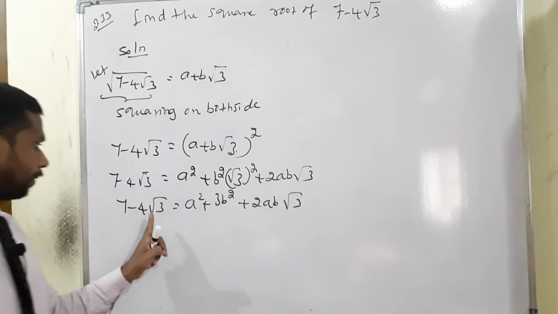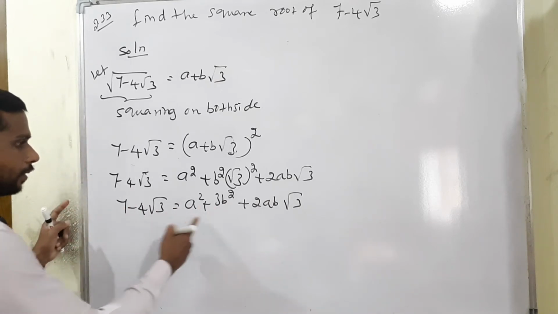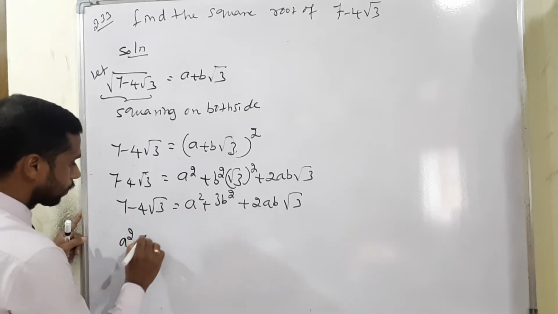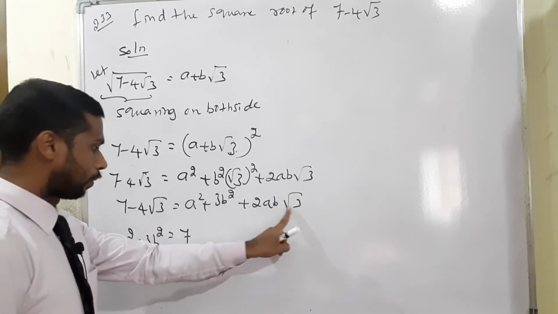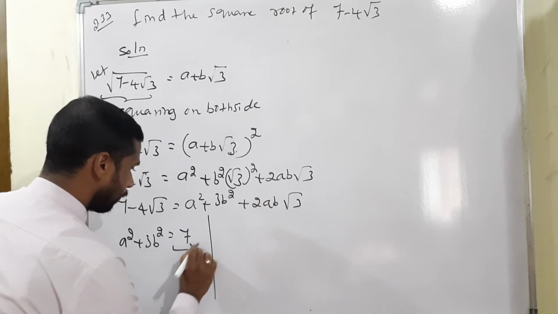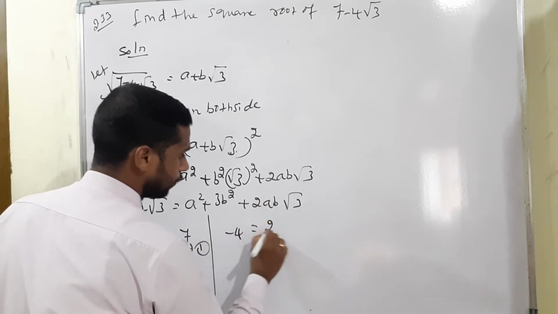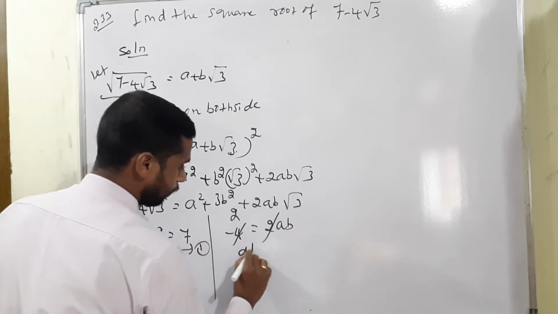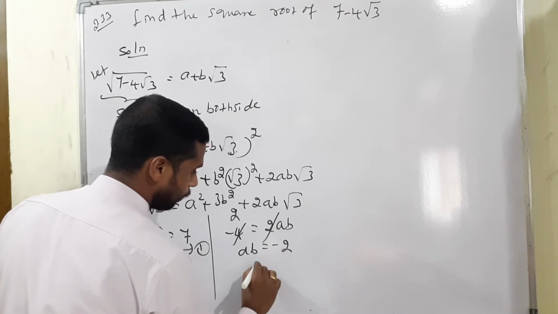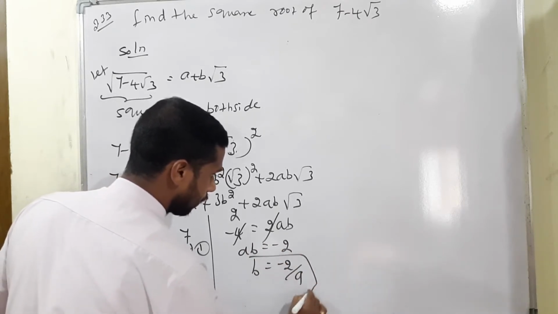Now equating the constant terms and the root 3 terms: a square plus 3b square is equal to 7, equation number 1. Equating the root 3 terms, minus 4 is equal to 2ab. Therefore ab is equal to minus 2, which means b is equal to minus 2 by a.